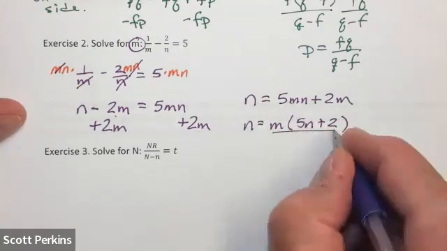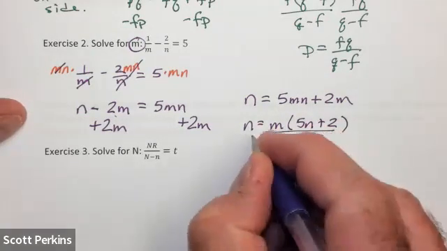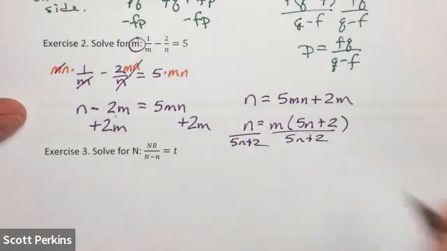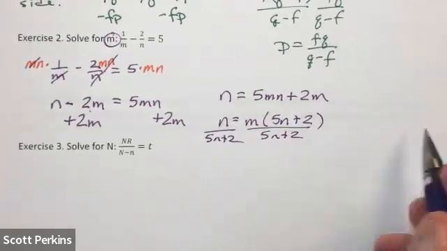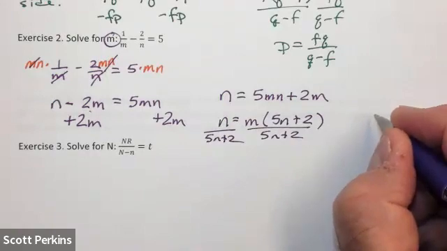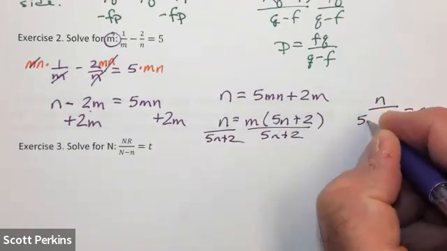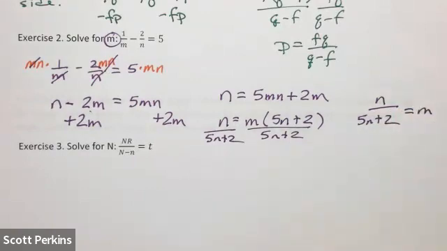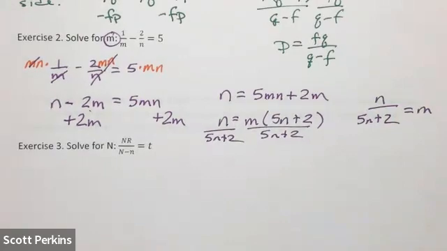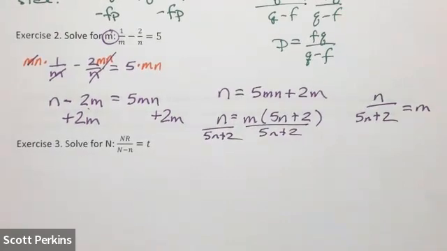And so when I divide, here's what I have: m equals n divided by 5n plus 2. You just rearrange the factors into a new equation that might be a little easier to use in whatever application you're working on than the original.